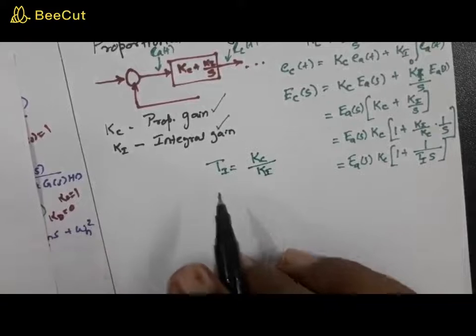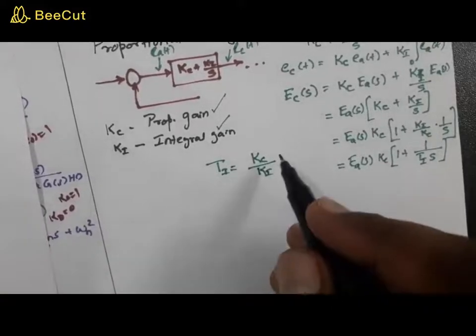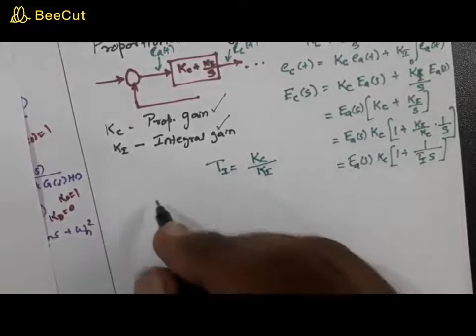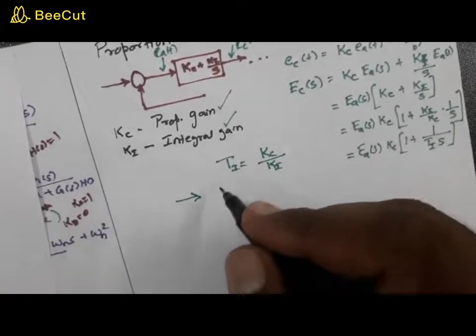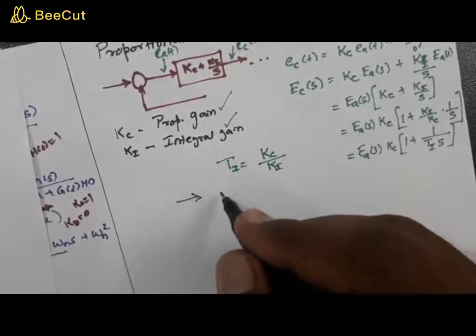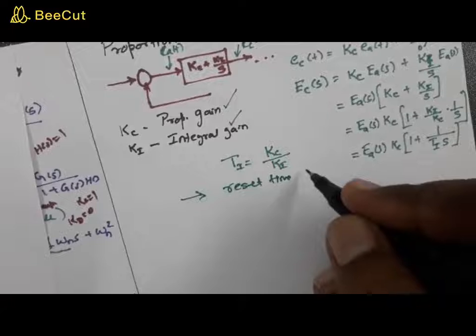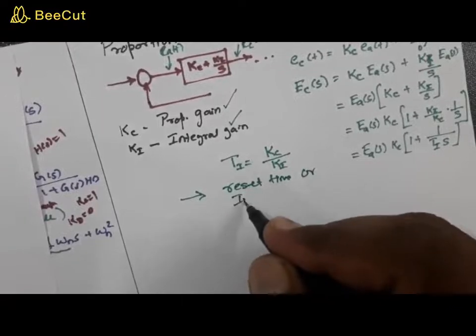Earlier we defined a Td, which is Kd by Kc. This is Kc by Ki, called the integral time or reset time.